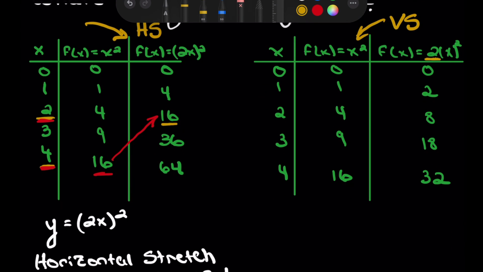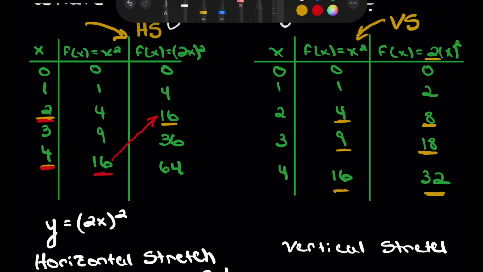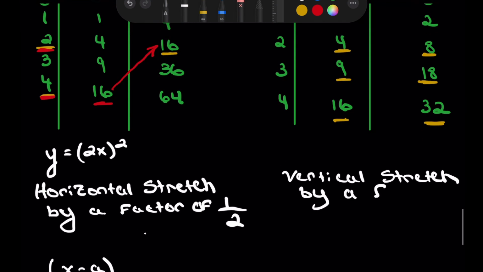So as we can see, we have 4 and 8, and then 9 becomes 18, and then 16 becomes 32. Do we see how they're all being doubled? So we would say in this case, there is a vertical stretch by a factor of 2. And so it's not opposite like it is for horizontal stretch.